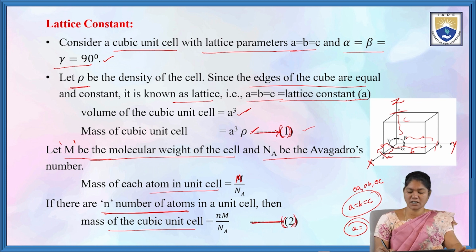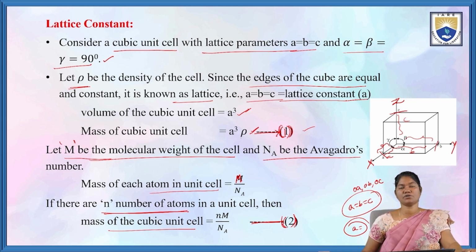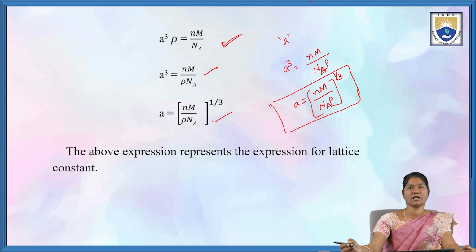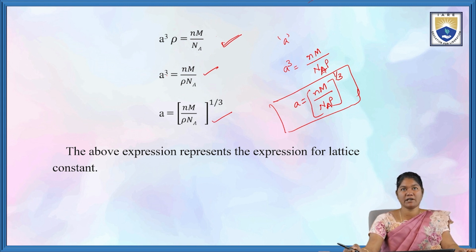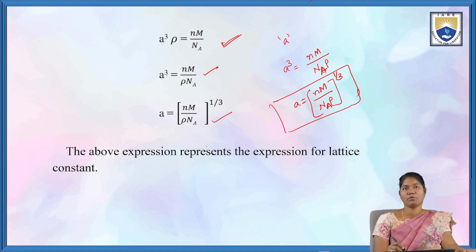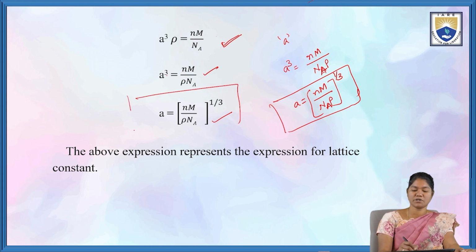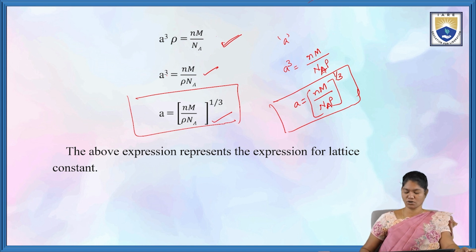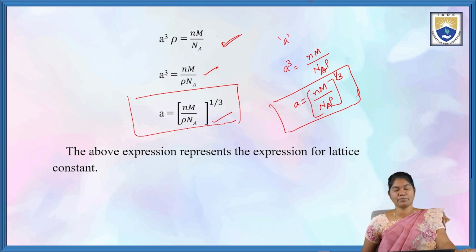So a cube is equal to nM by rho Na, then a is equal to nM by rho Na, whole power 1 by 3. This expression represents the lattice constant. So this is all about the lattice constant and the interplanar spacing between two parallel planes.